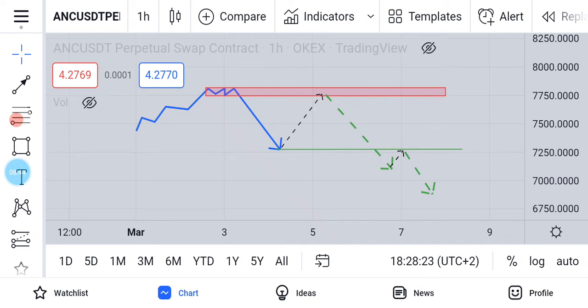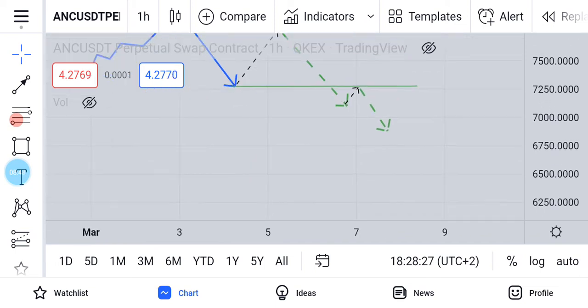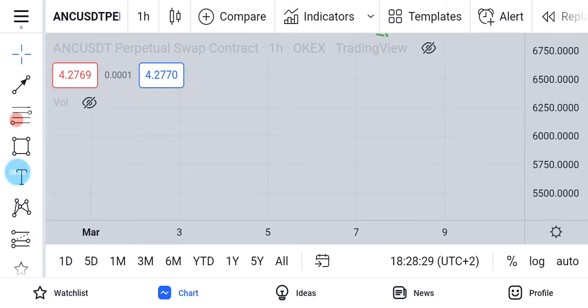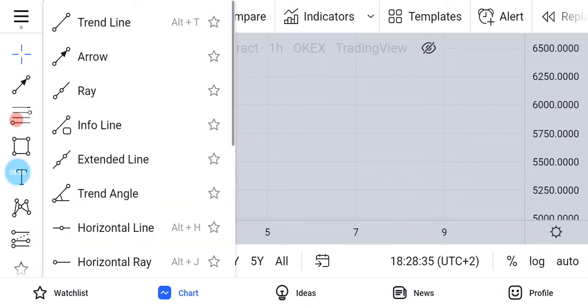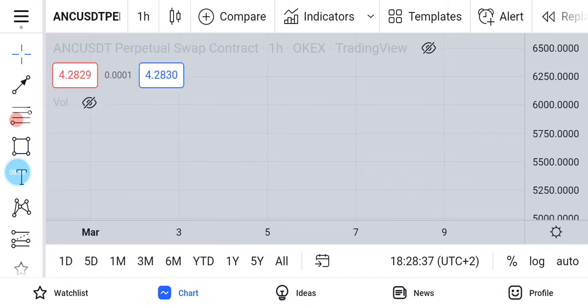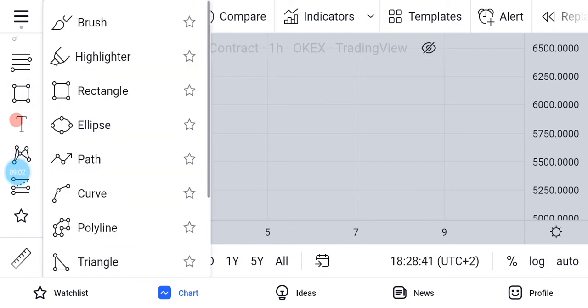Okay, so let's go to the other form of drawing these zones. Now we want to draw a drop base drop.